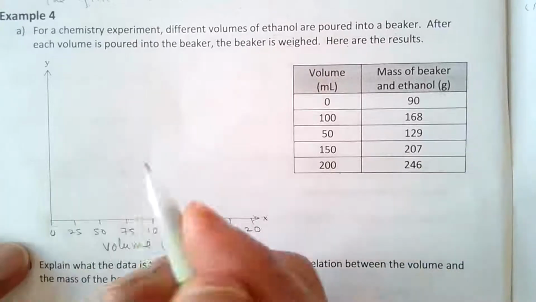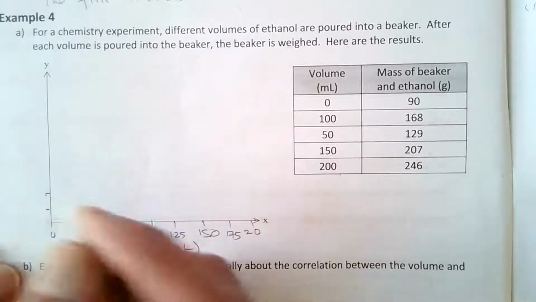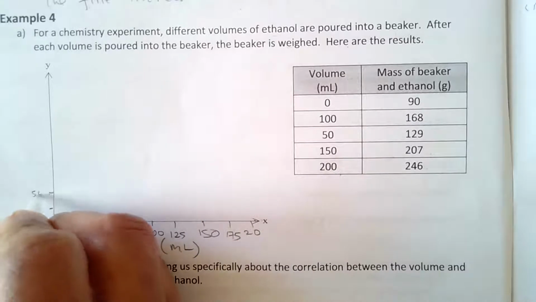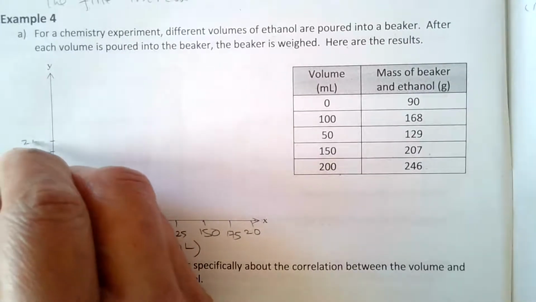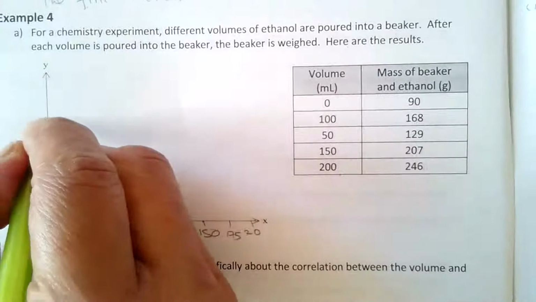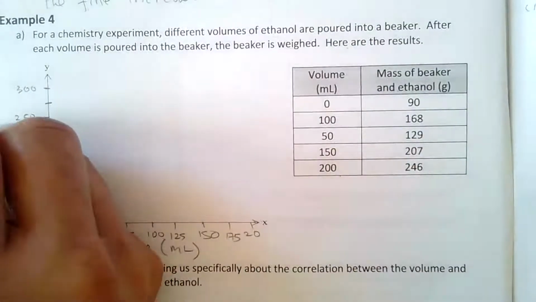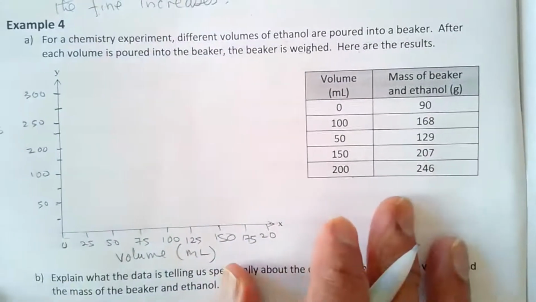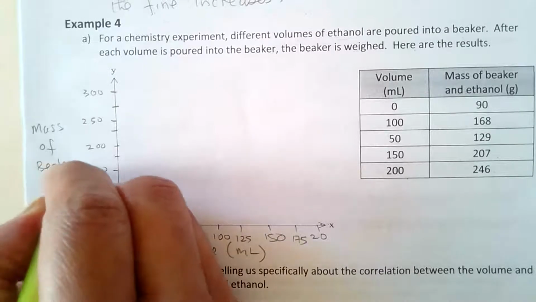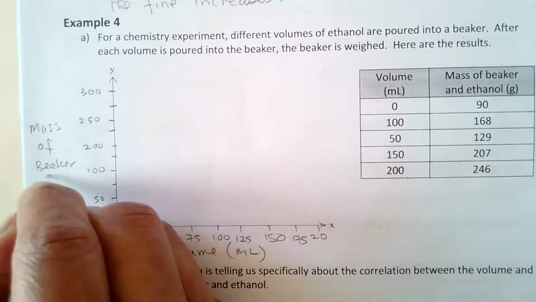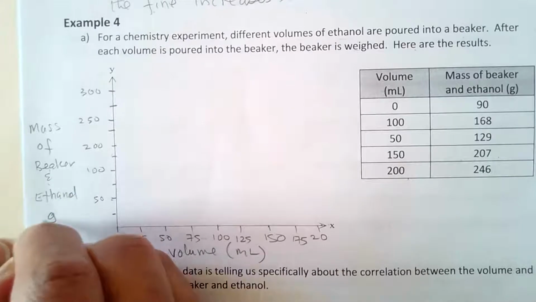So let's go to increment. We do the same thing here: 50, 100. The y-axis is the mass of beaker and ethanol, in grams.